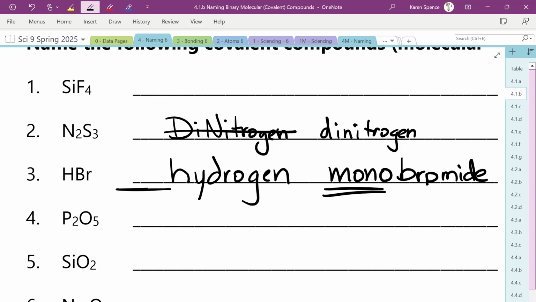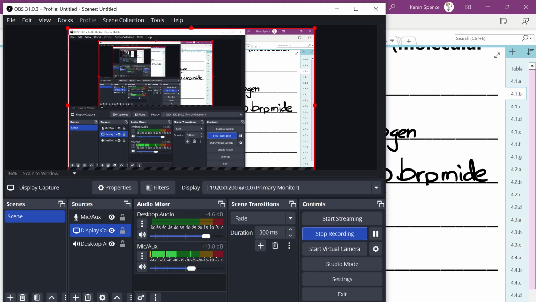And the lone pairs that we had to put on, you can put those on the central atom as long as it's in row 3 or lower on the periodic table. Okay. Good stuff.